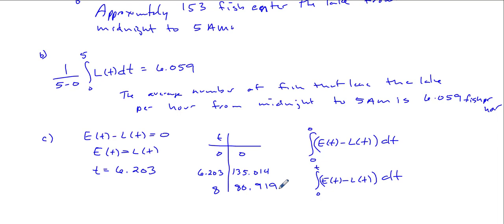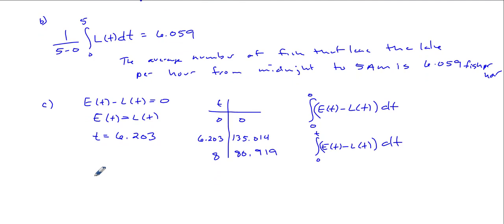Okay? Now make sure you guys are practicing the calculator, typing all this stuff in as we go. You should be able to do it as quickly as I'm asking you to give me the answers. So by looking at the amounts of fish, obviously we can tell that the greatest amount is 135. That happens at t equals 6.203, right?